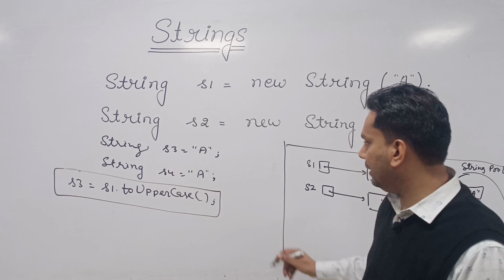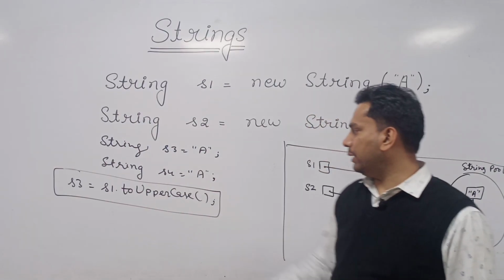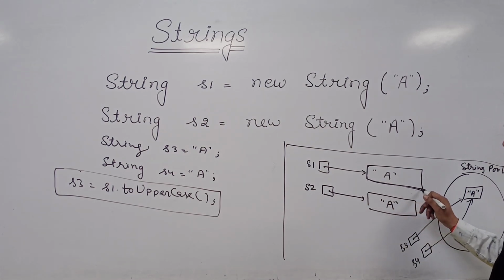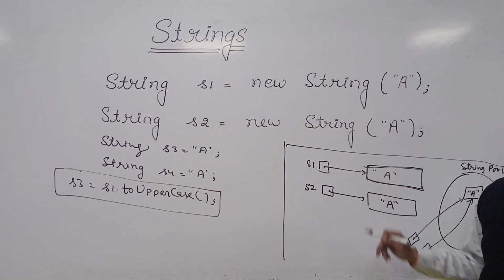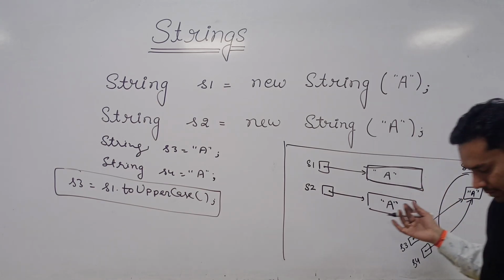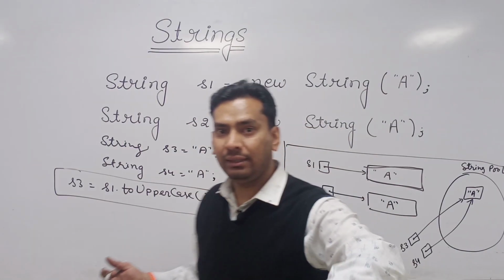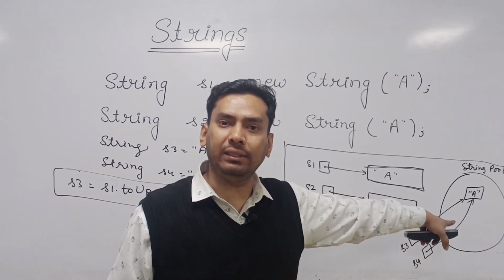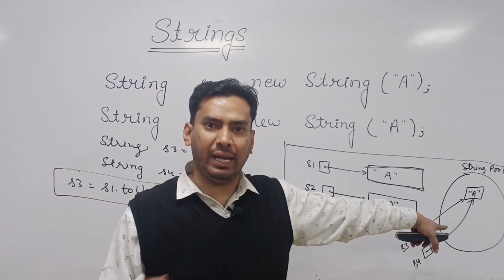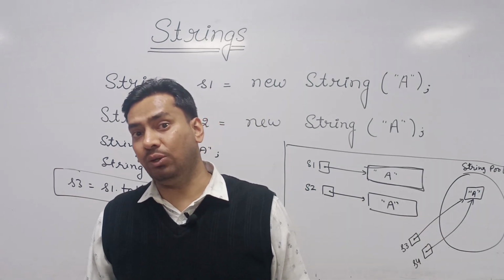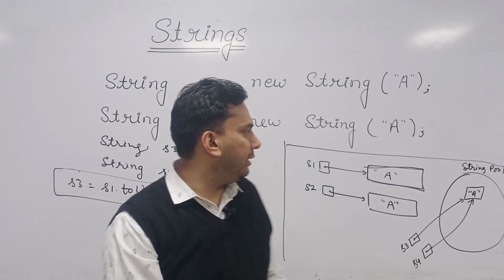So what I am writing here is S1.toUpperCase(). You are calling the toUpperCase method on this object. As I told you, as soon as you try to change the object, a new object will be created, and where will it be created? In the heap only. It will not be created in the intern string pool. As soon as you call some method to modify the string object, a new object will be created in the heap only.